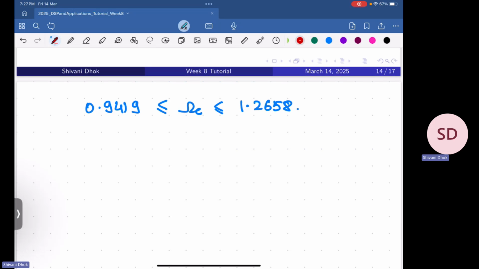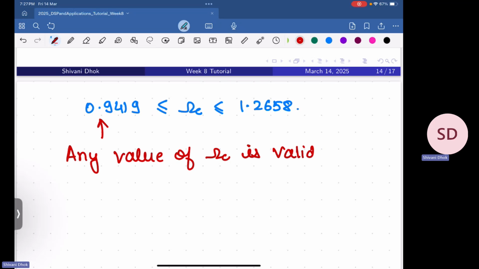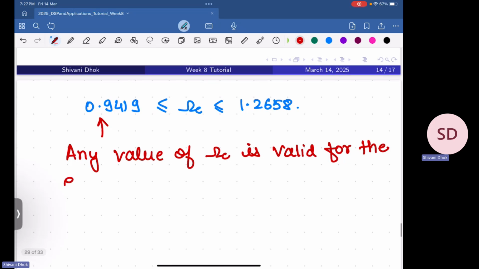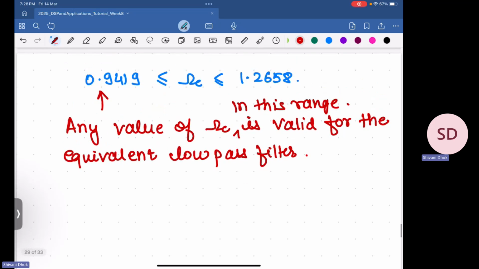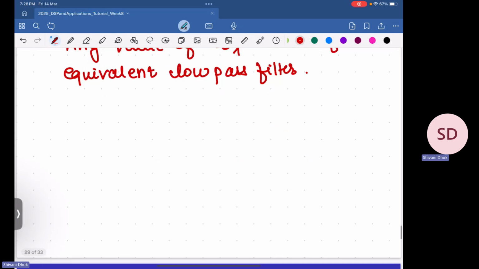So while designing our low pass filter, any value of omega c within this range is valid for the design of the equivalent low pass filter. Okay, so this was the first part.